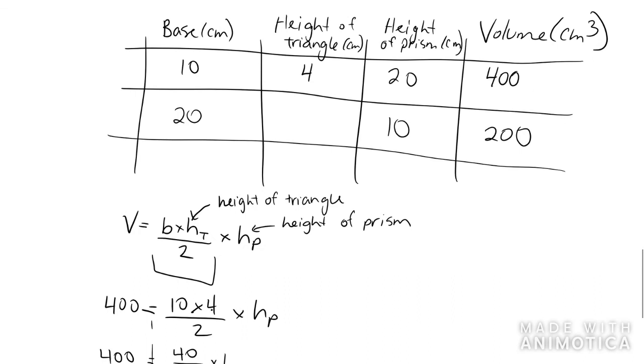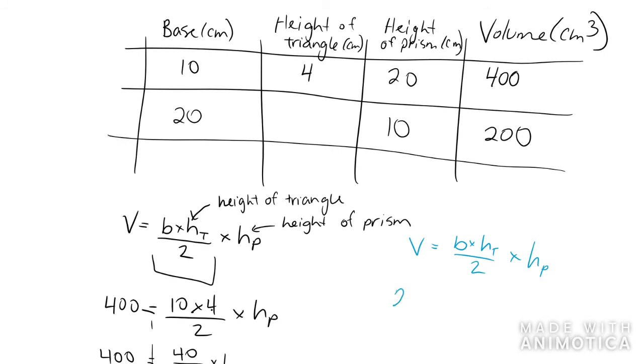So again, the first thing we do is we write it out. Let's choose a different color so we can tell the difference. Okay. So it's base times height of the triangle divided by 2 times the height of the prism.